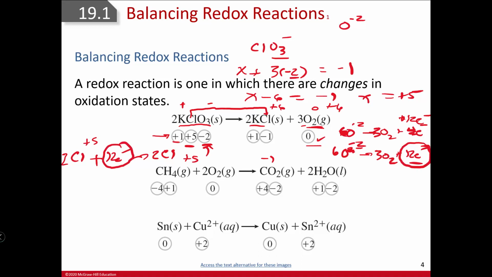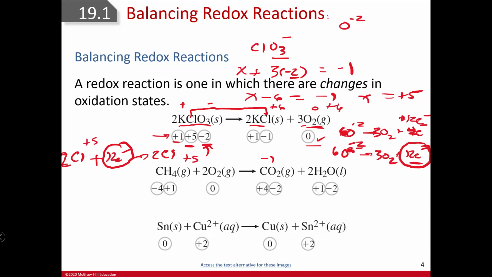And if it doesn't work out perfectly, then you're going to have to use a multiplier to get that to work. So this is kind of the same stuff. This is what we did back in chapter 4. And if you say, I don't remember this, then you're going to have to go back to chapter 4 and read section 4.4, kind of brush up on oxidation reduction reactions.